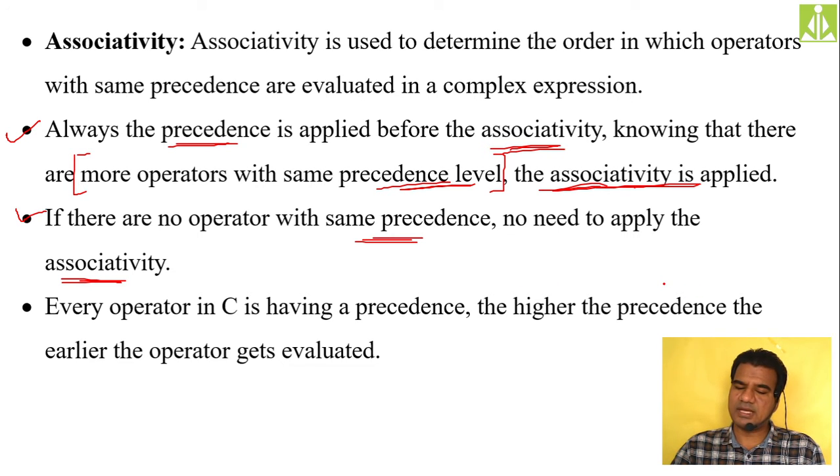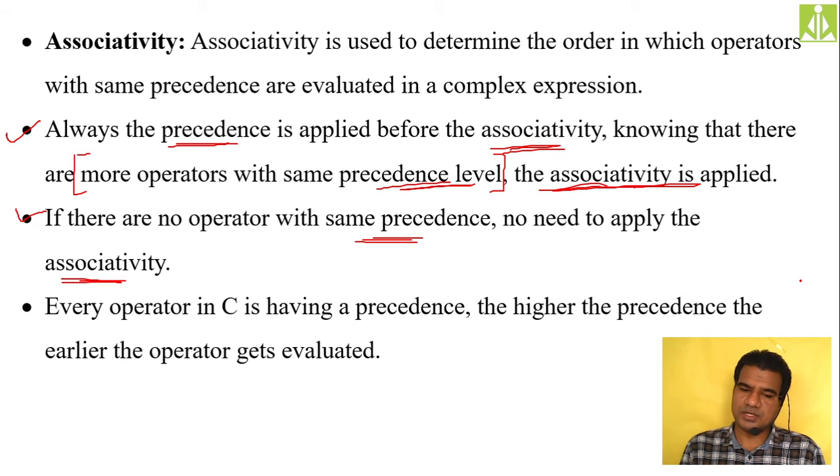It is not like we are left with a few operators without any precedence. All the operators inside the C language have some precedence level inside the precedence table. The higher the precedence level, the earlier the operator gets evaluated.